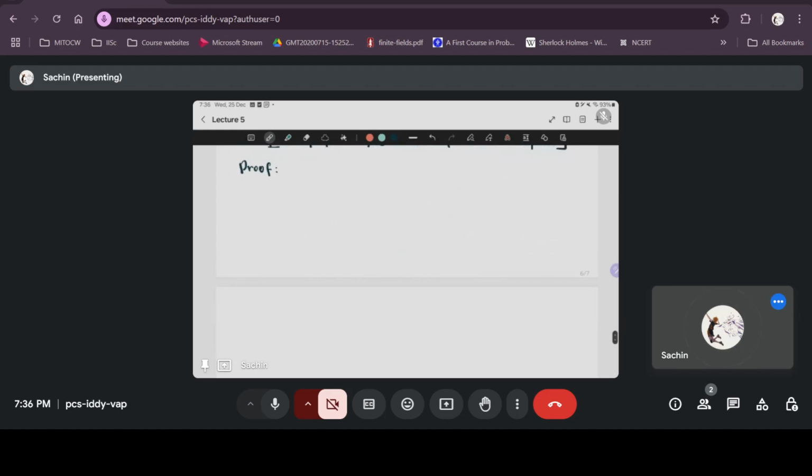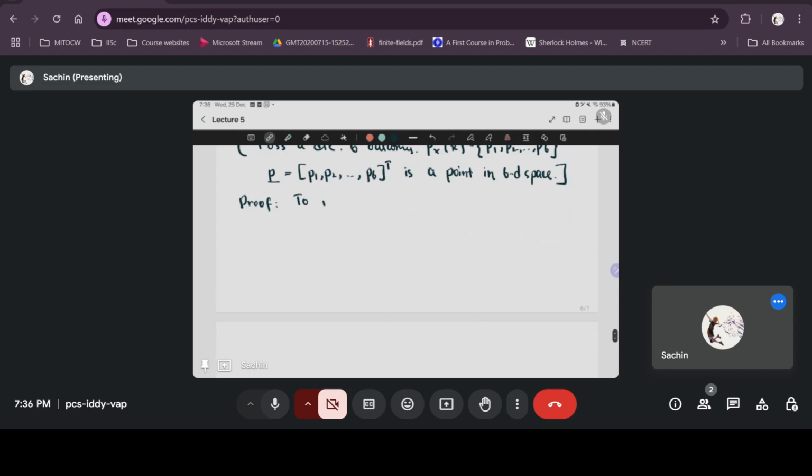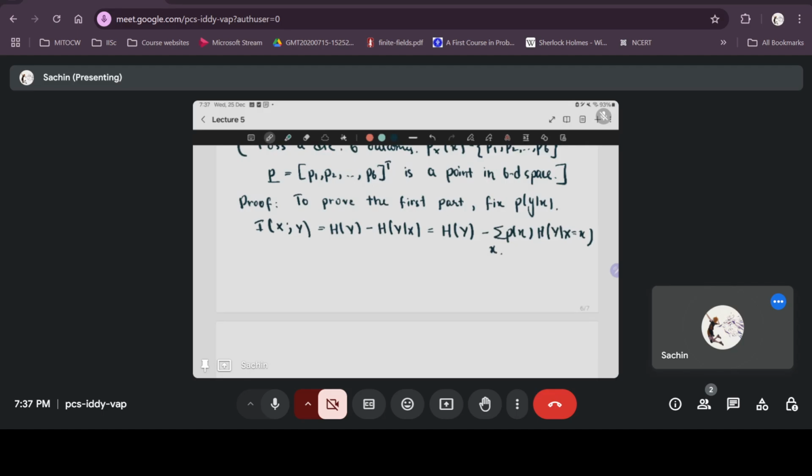So to prove the first part, that is, if you fix P of y given x, I of x semicolon y is h of y minus h of y given x, which is h of y minus summation P of x h of y given x equals small x, summed over all x.